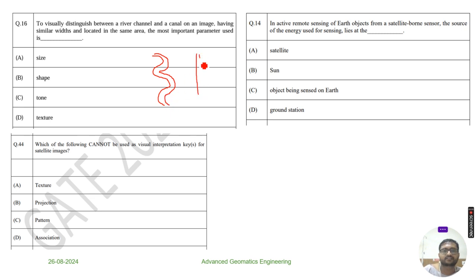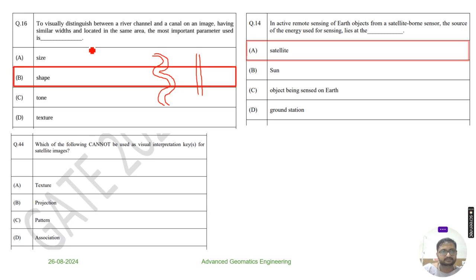If you want to distinguish between these two features, which parameter is useful? The shape. The size may be similar in both cases, but the shape might be different. Tone will also be the same because it's water only, and texture will also be the same because it will not change like water. So shape is the correct answer.